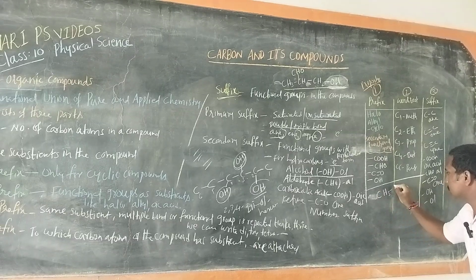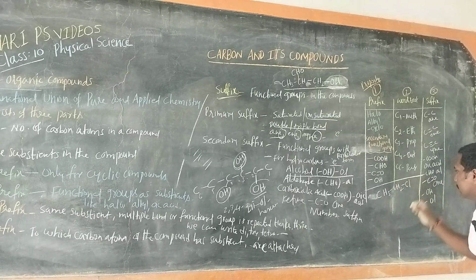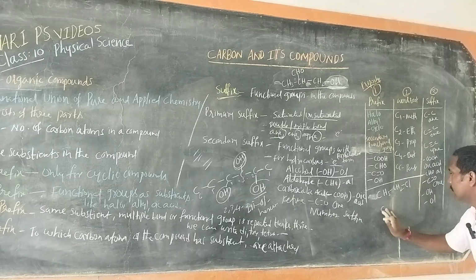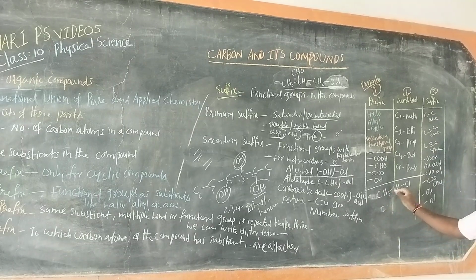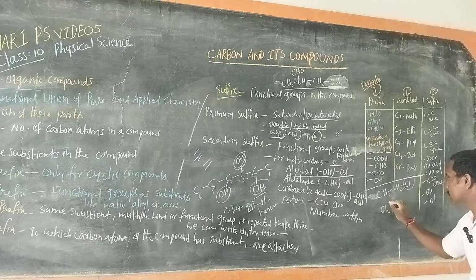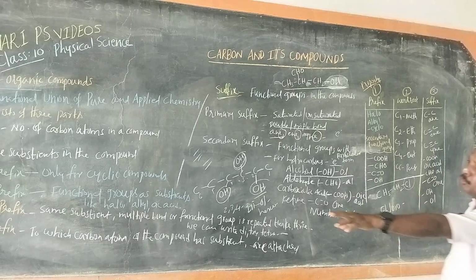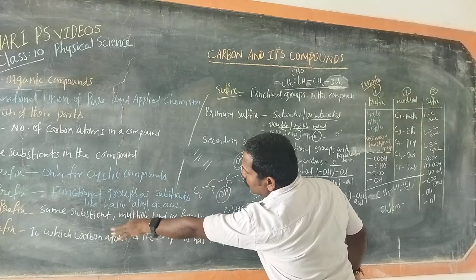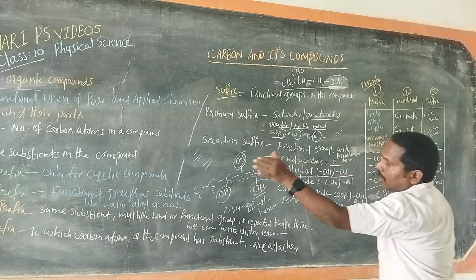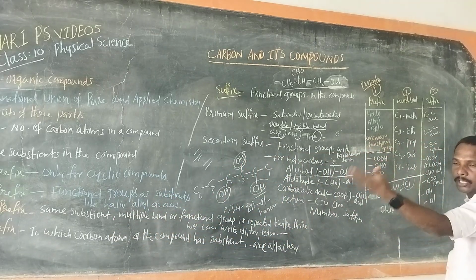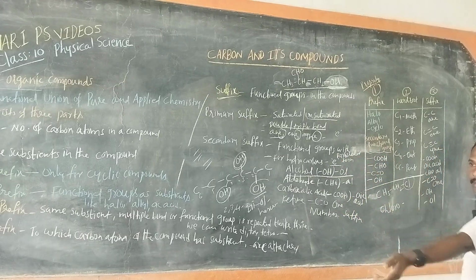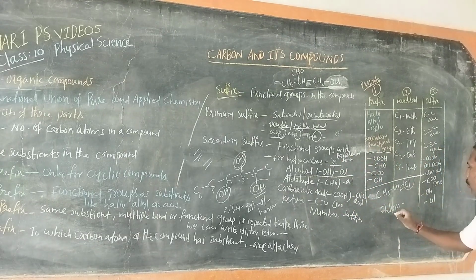you can take CH3, CH2, Cl. How many carbons? 2 carbons. So substitute them here; the prefix is there, chloro. So first you can write chloro. The substituent functional groups are like alkyl, hydroxy, carboxylic acid, keto, aldehyde, amines, esters, whatever.